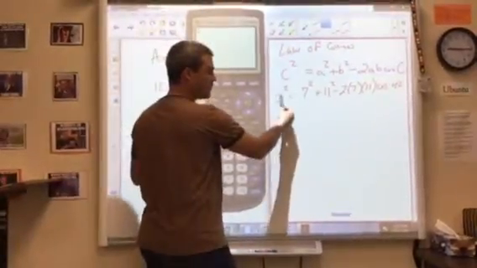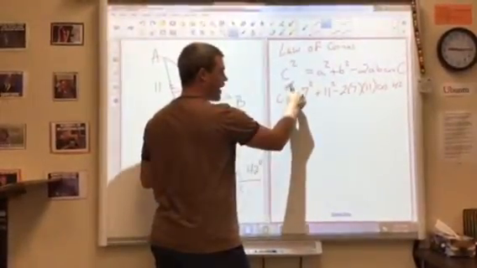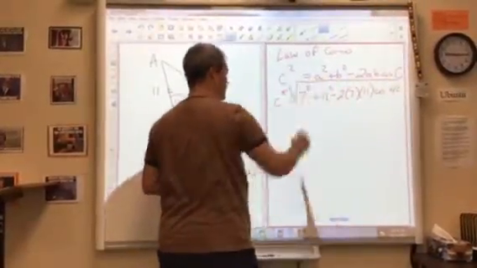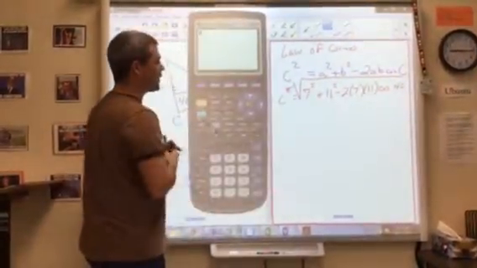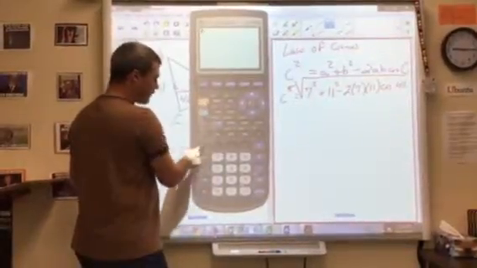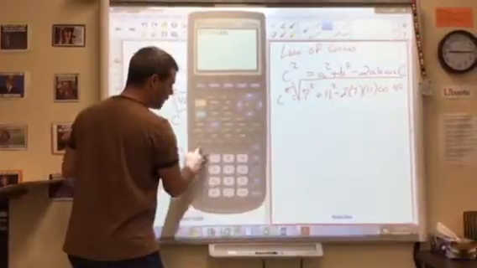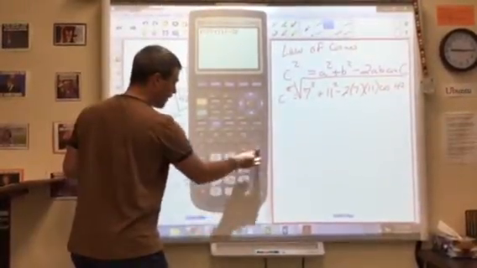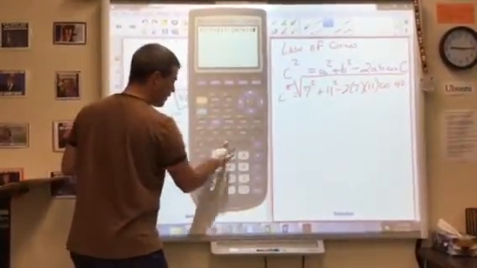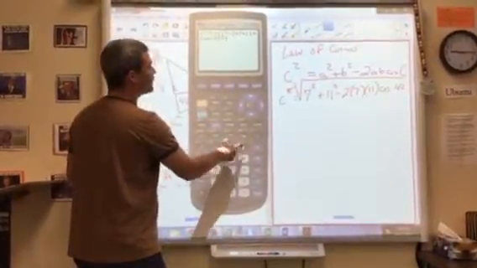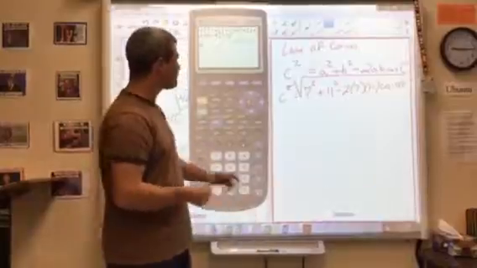If I remember that to solve for C, I'm just going to go ahead and square root this whole answer. So that can be typed into the calculator in one step. Second squared to pull up my square root, and then I just go ahead and type in each of my values. Again, make sure that you are in degree mode, not radians, or everything will be incorrect.